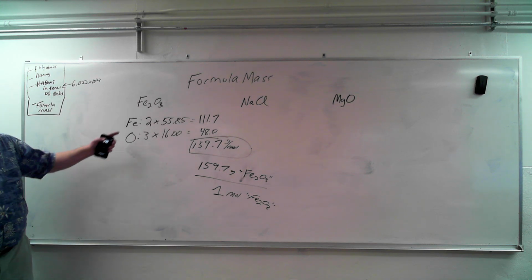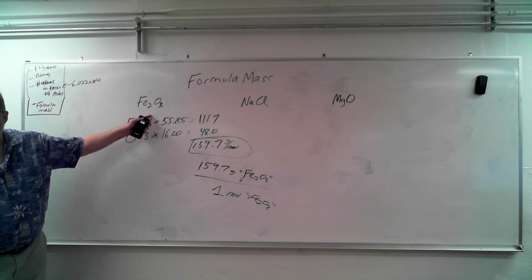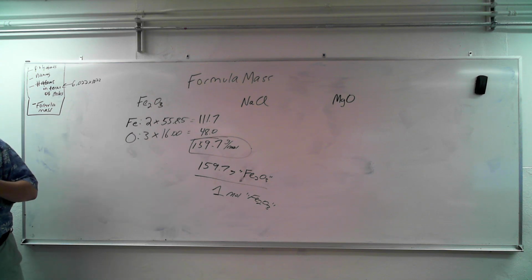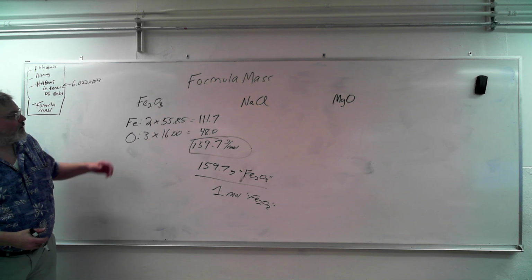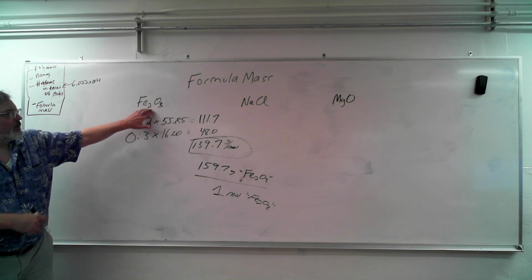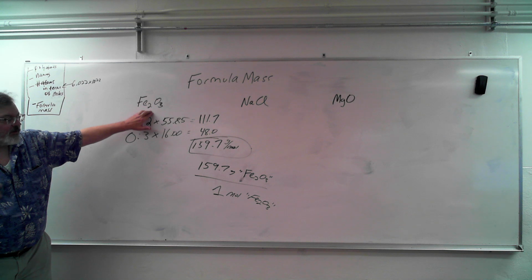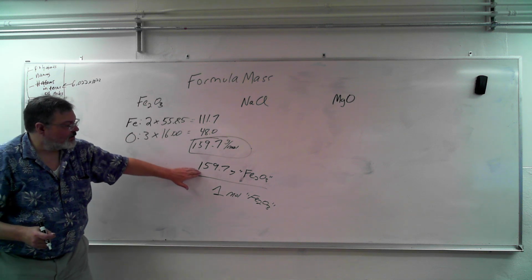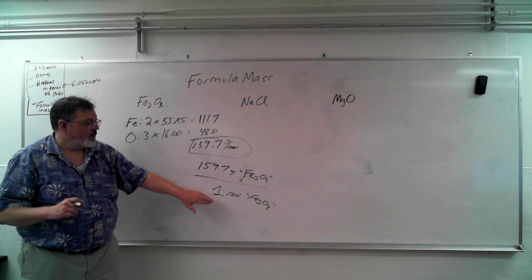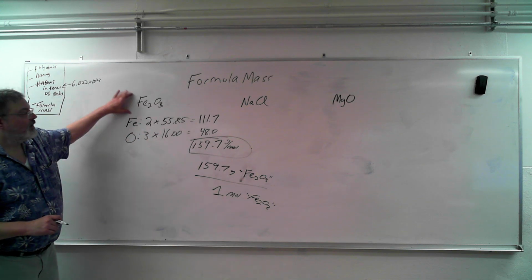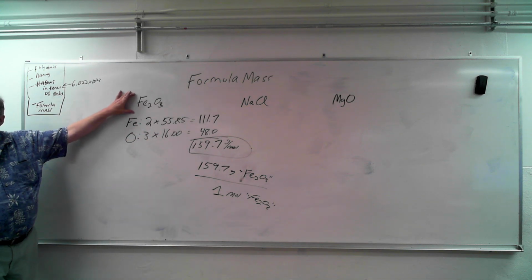So now if you had this compound, you could do the same thing we just spent all this time doing with atoms. You could go into the stockroom and find this label, pull it out, put it on the scale. If you put enough on the scale to have 159.7 grams, you have 1 mole of this. See what I'm saying? Okay, good.